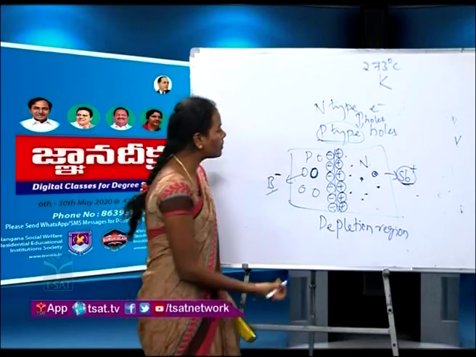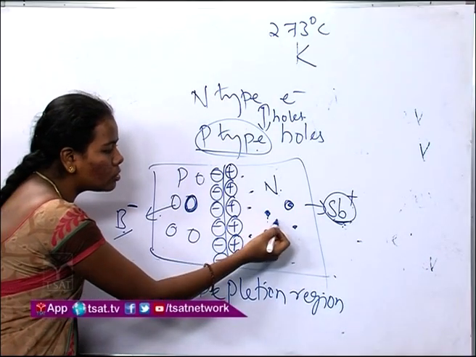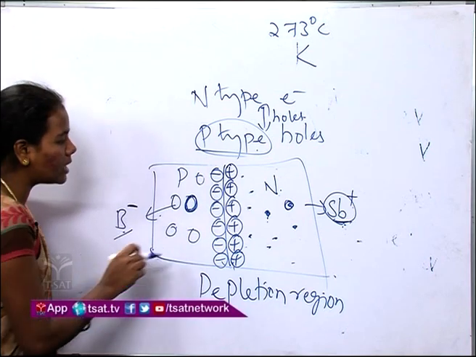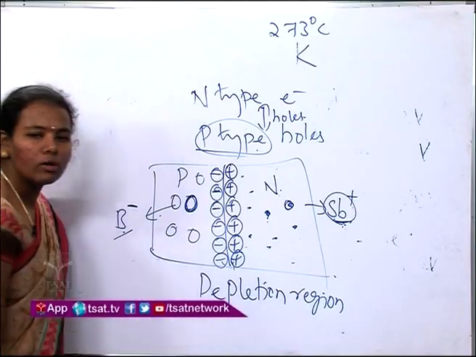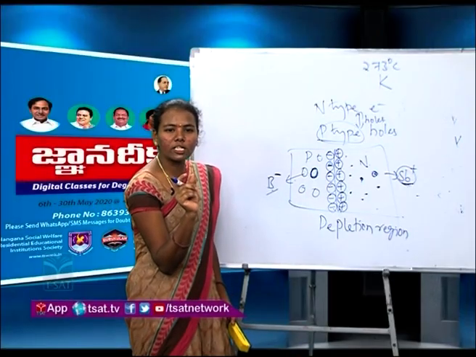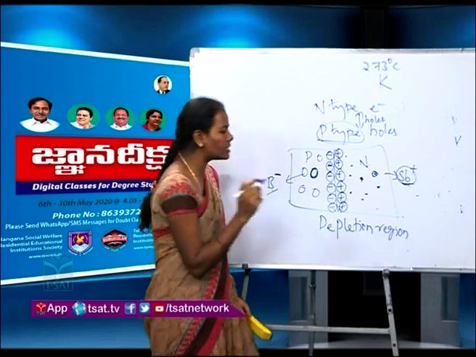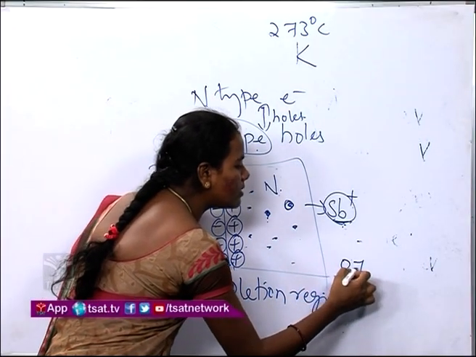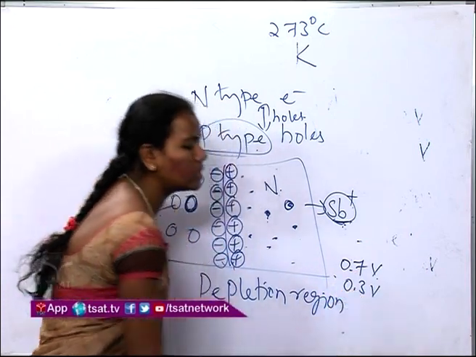Why? Because the electrons, as they want to diffuse to the p-type material, will be repelled by these negative ions. So the depletion region will be constant. For silicon it is about 0.7 volts, and for germanium it is about 0.3 volts.